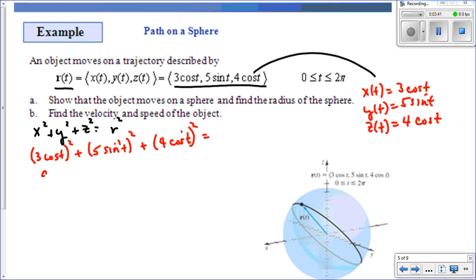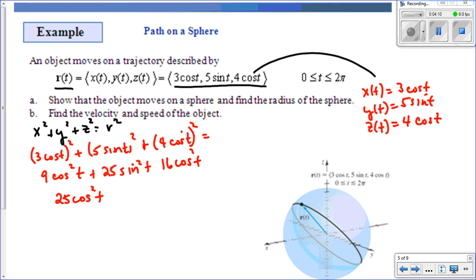So now we have 9 cosine squared plus 25 sine squared plus 16 cosine squared. Now simplifying, we've got 25 cosine squared, adding the first two together.